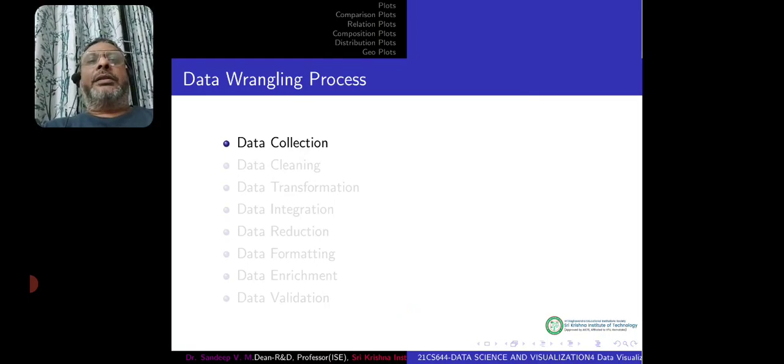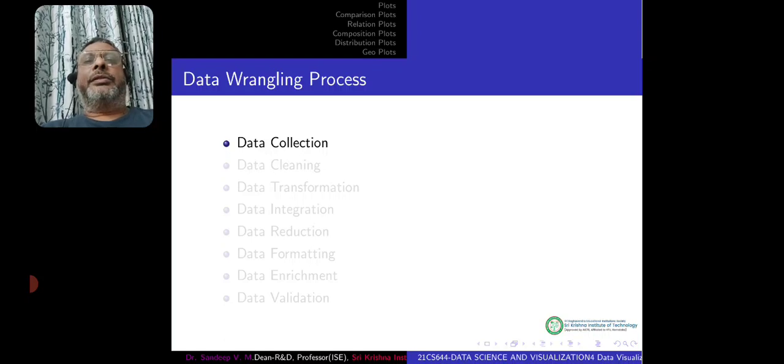Now, looking at the data wrangling process, the first step is always to collect the data. It may be a primary source, it may be a secondary source where the data is available. If it is a primary source, most of the data will be in our required format, but still maybe some problems here and there.